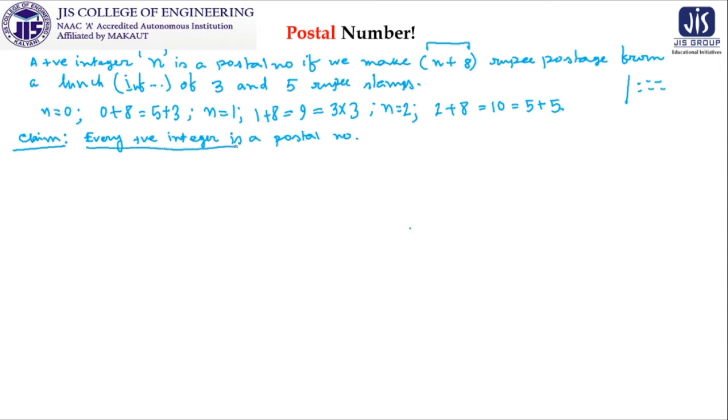This means if you take any n, then you can write n plus 8 as 5u plus 3v. I don't know whether it is possible for us or not, but it is our claim.